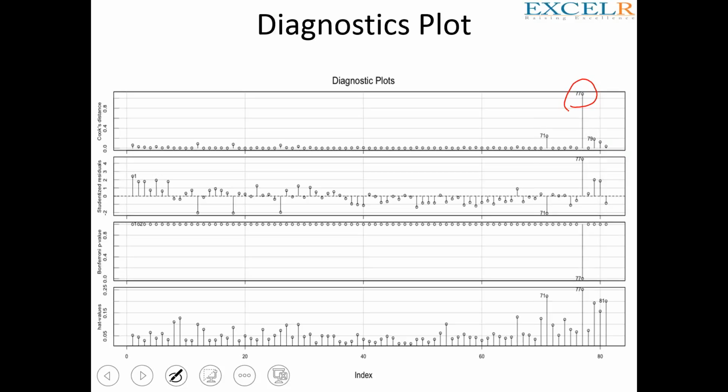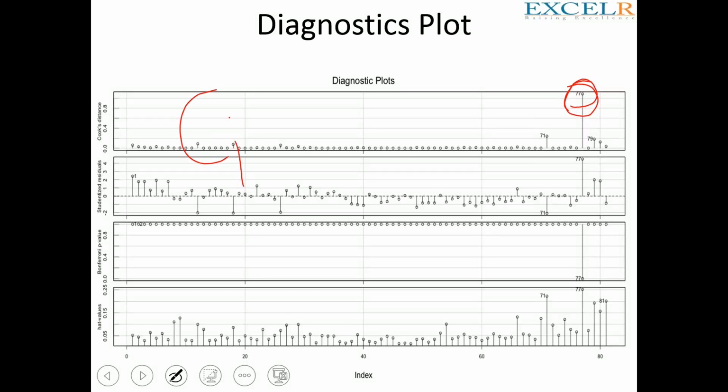But remember one thing, if you have any abnormal value, that means that is influential. You delete that and check how your model is behaving. And here also there is a formula called Ci, the Cook's distance value.